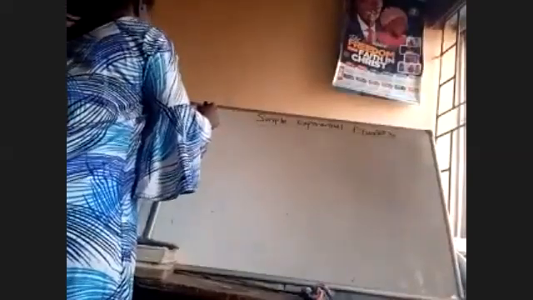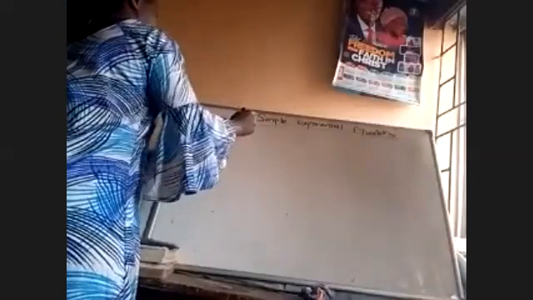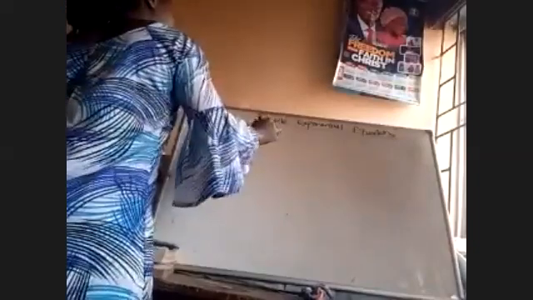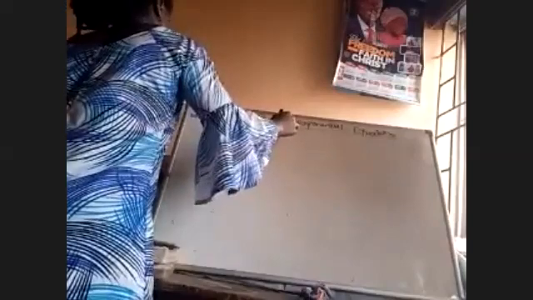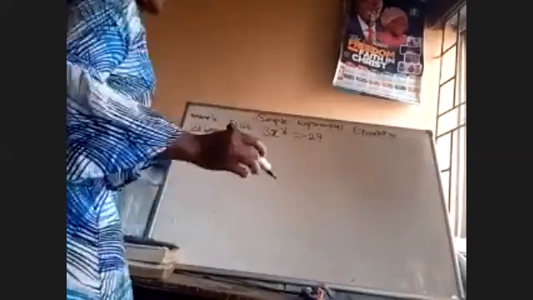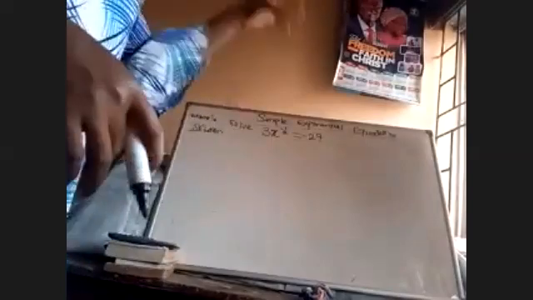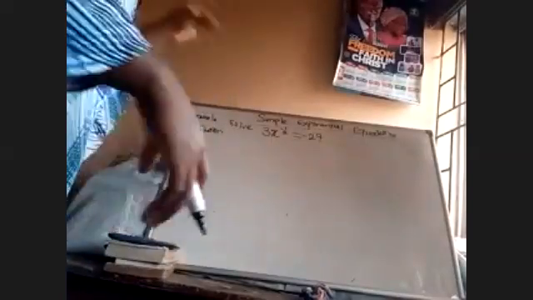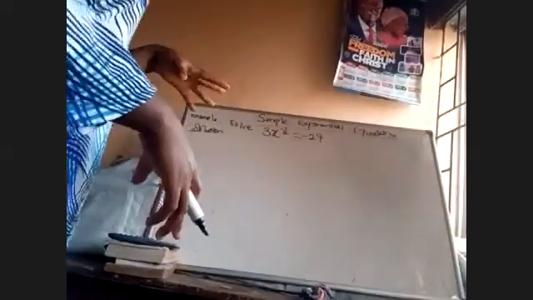Example, we are asked to solve 3x raised to the power of minus 1 over 2 equals to negative 27. Now, this is a subtopic under indices. You apply indices in solving equations like this.